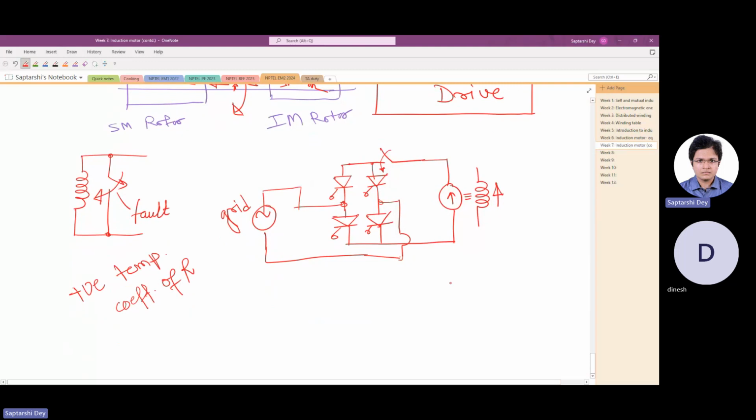Suppose I have two identical semiconductor devices whose nature is such that with increasing temperature the resistance increases. That is good for paralleling, so we can parallel this. But if it's the other way around, resistance reduces with increasing temperature, then it's dangerous, and we cannot parallel them.